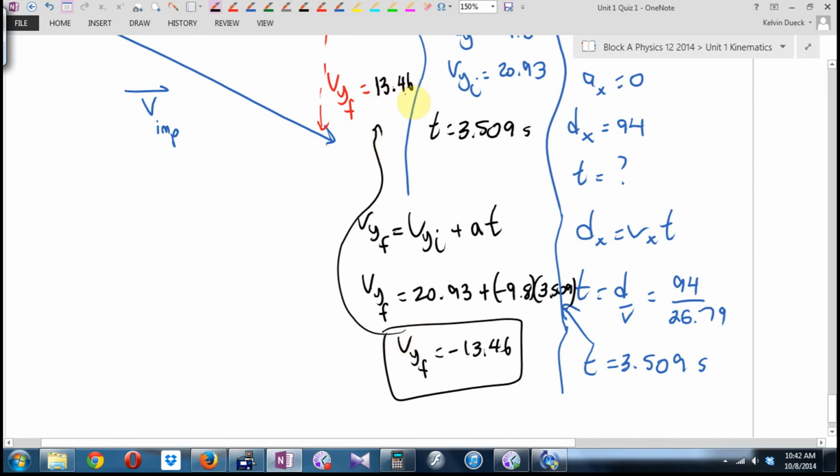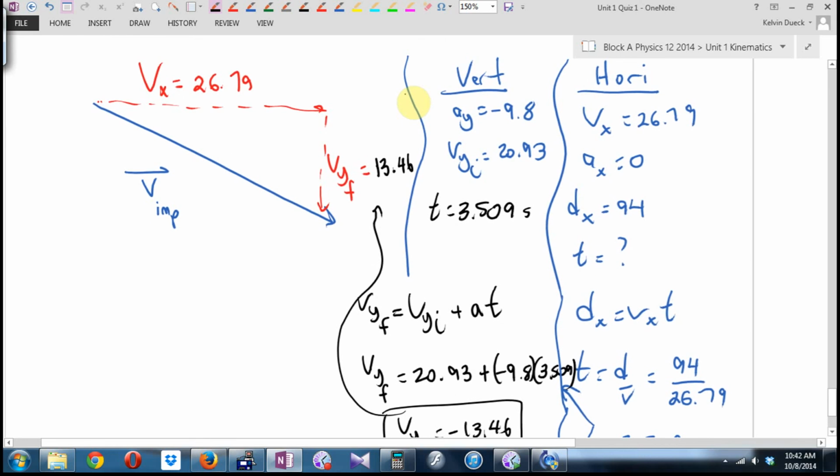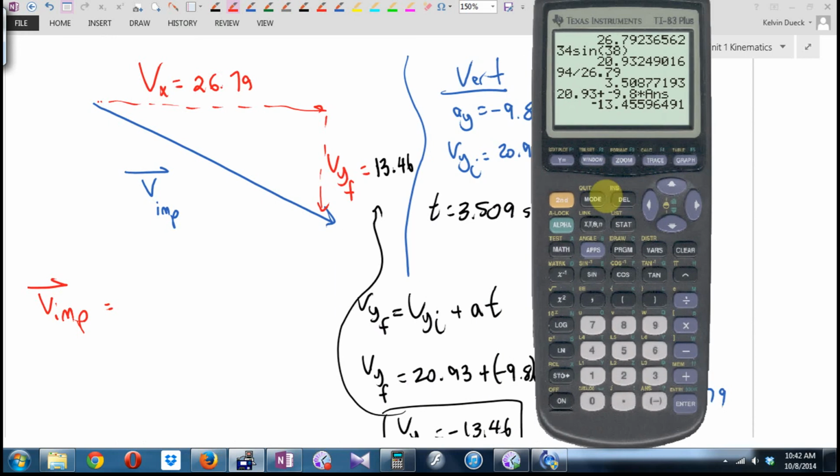13.46. And now I go back to my diagram. I can find the impact velocity. How? Pythagoras. 26.79 squared plus 13.46 squared, square root, 30.0.